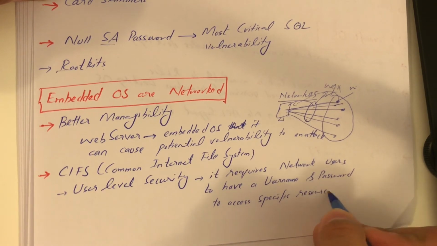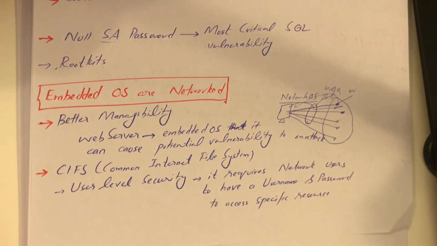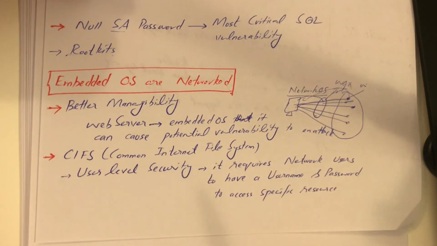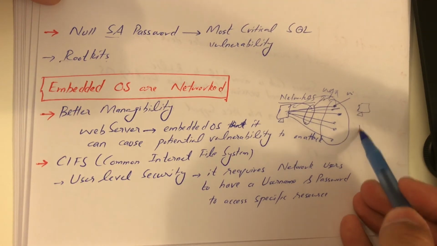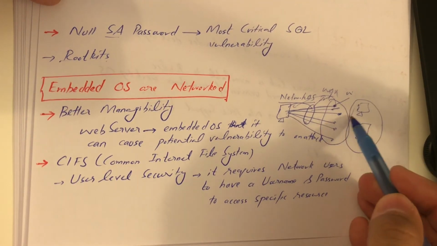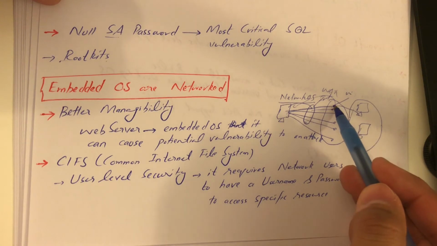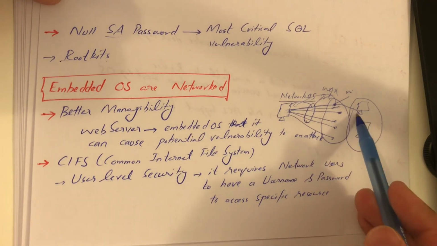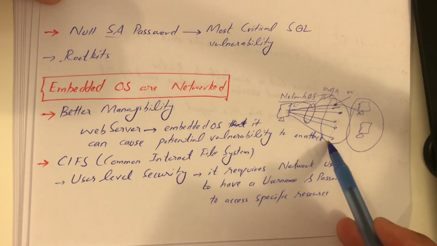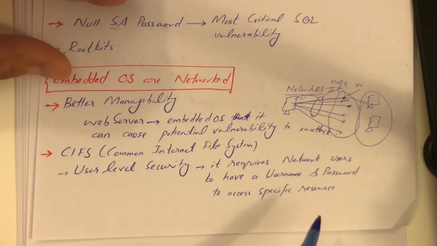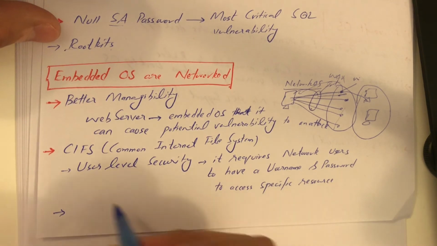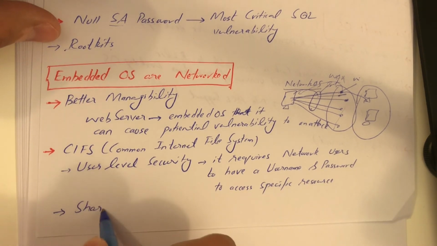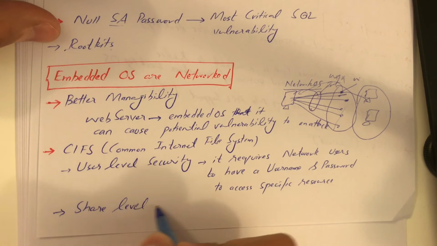So if anybody wants to access this server, they need to put in a password. But if another person on the same network can access this particular sensor, and he is a legitimate user you want to access some other resources as well, then in this filing model we need another level, known as share level security.